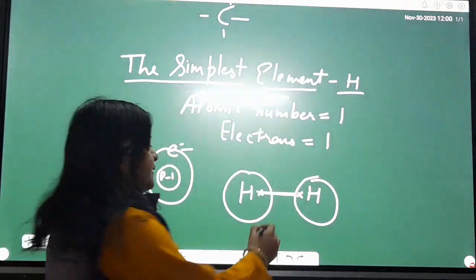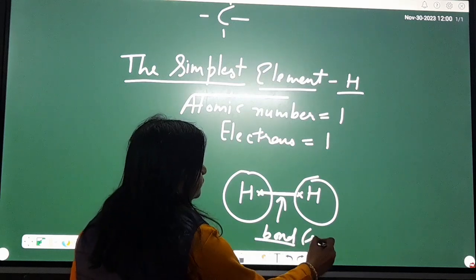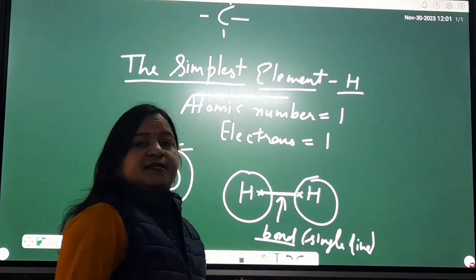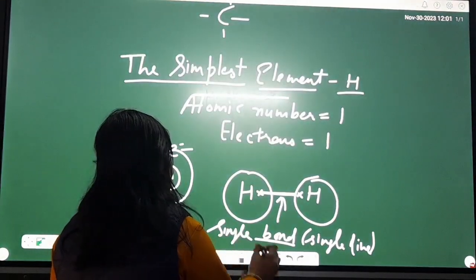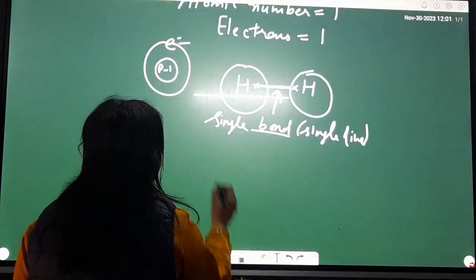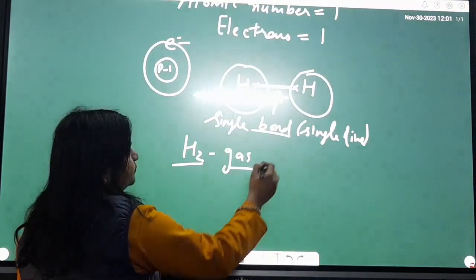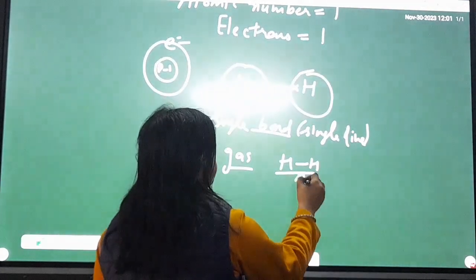This single line is showing a bond. If there is a single line, it means there is a single bond. So here you can see how hydrogen gas is formed, having one covalent bond.